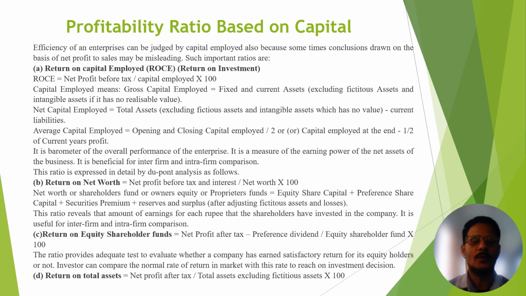This ratio provides an adequate test to evaluate whether a company has earned a satisfactory return for its equity shareholders or not. Investors can compare the normal rate of return in the market with this rate to reach an investment decision.